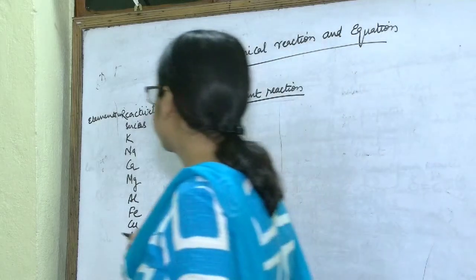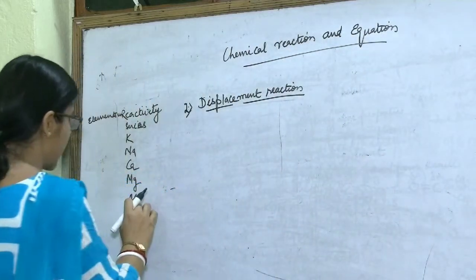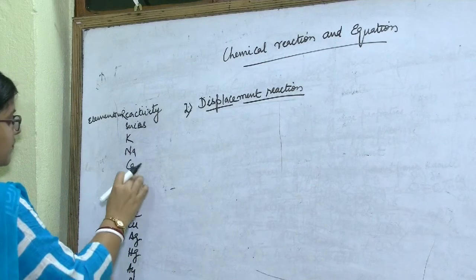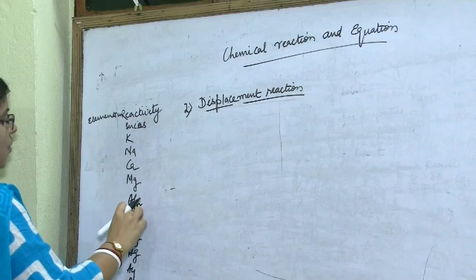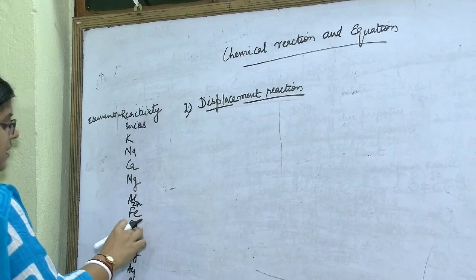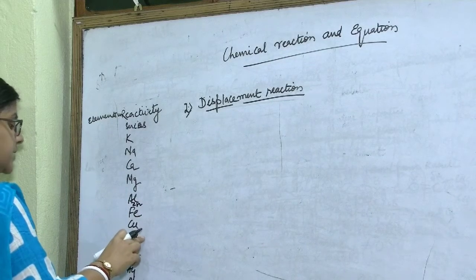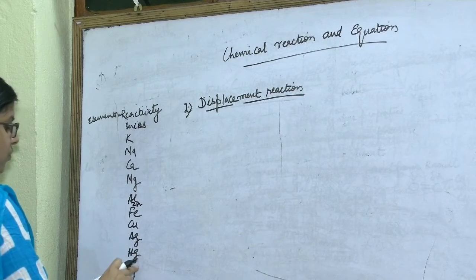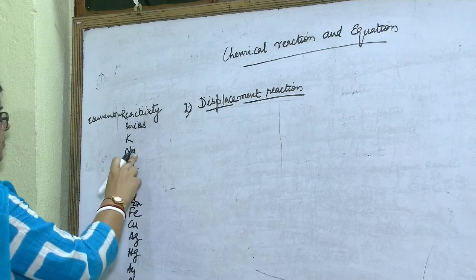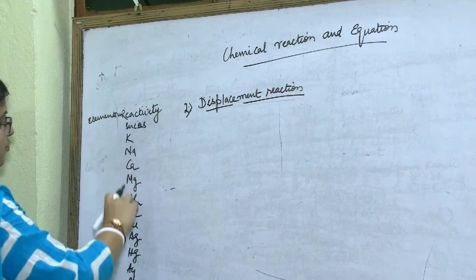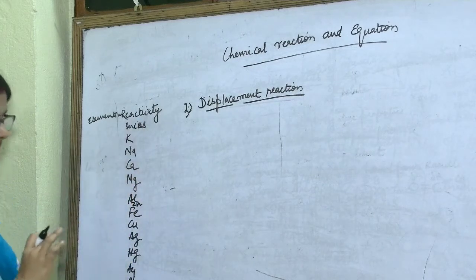In this reactivity series, you see that iron is below Mg, Al, Zn. Iron is more reactive than copper, silver, mercury, gold, platinum. Next you see potassium is more reactive than all these.